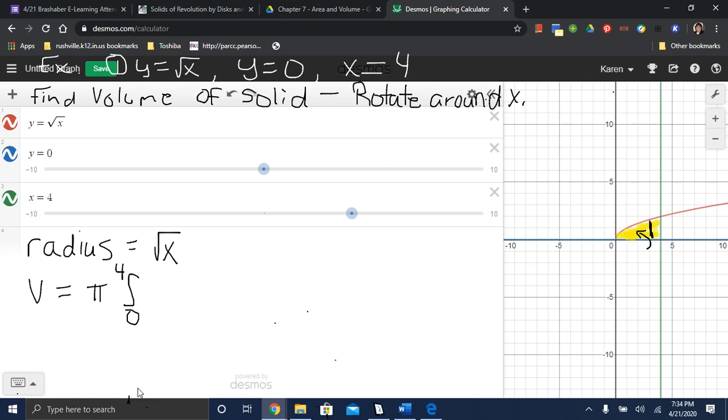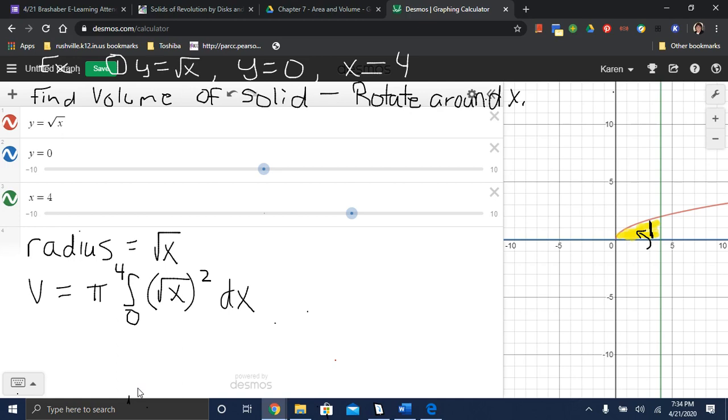And then our radius, which is the square root of x. And remember, on a circle, it's pi r squared. And then since we're actually doing a cylinder, then we'll take it times the height, but that height is infinitely small. And that's where we get dx.